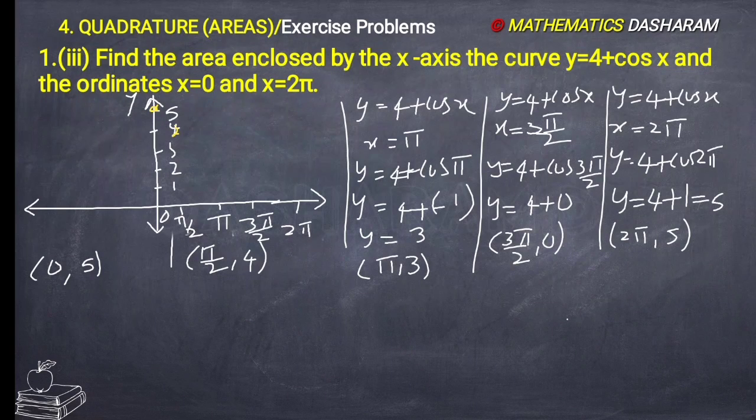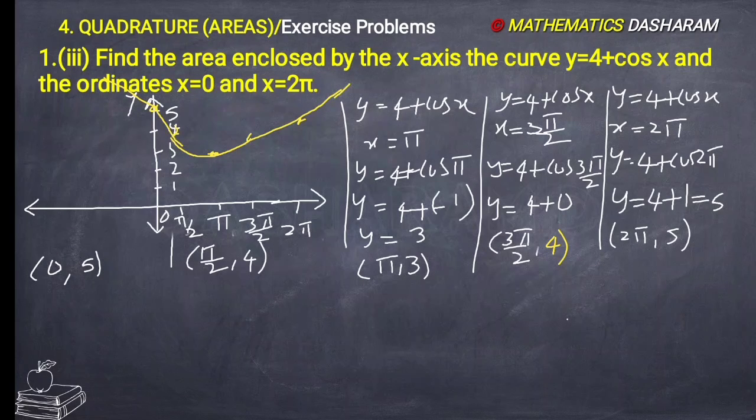Next, pi comma 3. Next, 3 pi by 2 comma 4. Next, 2 pi comma 5. Now let's join with the free hand. So this is the graph for the given curve.